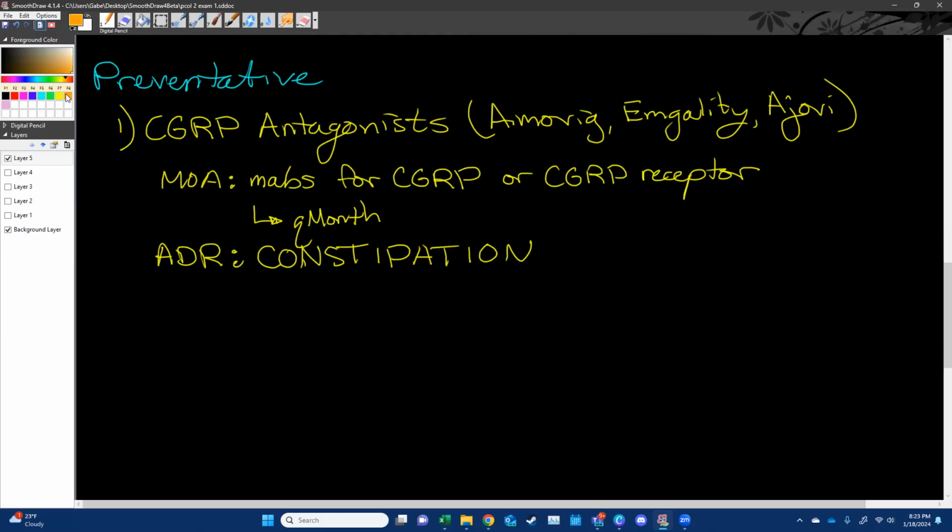Other agents, again, these are kind of your last line because they're just so expensive. They get the job done, but they're harder to deal with. Verapamil. Does anybody have an idea of why verapamil is a preventative agent?